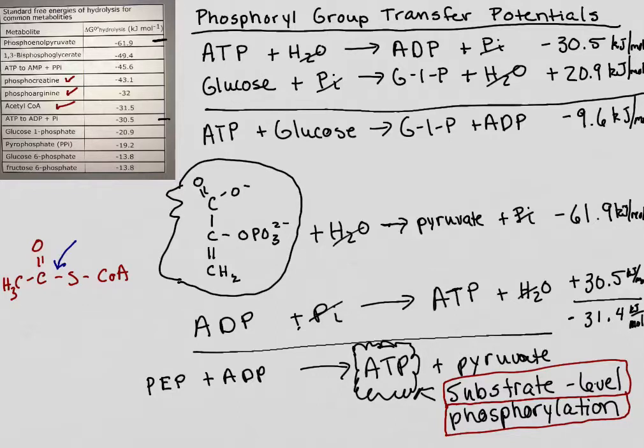So there's enough energy there to power a phosphoryl group transfer, and we know that the phosphoryl group, the Pi, must come from somewhere else in a reaction where acetyl-CoA or succinyl-CoA is the substrate, allowing for substrate level phosphorylation. Okay, great. So this helps us understand the phosphoryl group transfer potentials just a little bit better, and it will allow us to jump into metabolism with a lot more confidence.